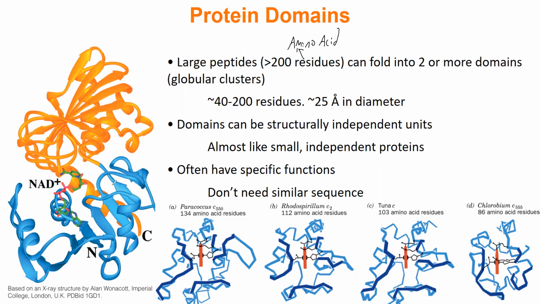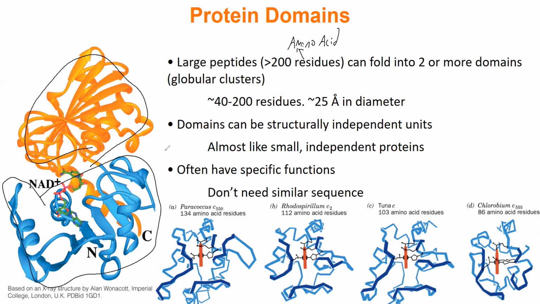So in the image here, we're coloring the domains so we can see it easier, but we have an orange domain, and then we have a blue domain, but they are part of the same protein. There is just one continuous peptide bond here. It's not two separate proteins, it's one protein with two domains.